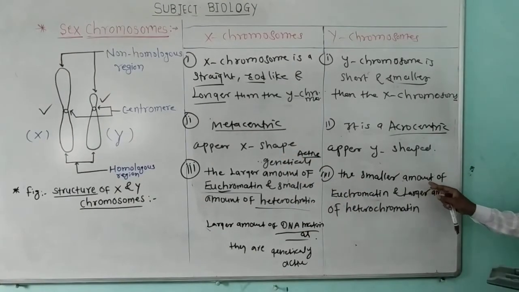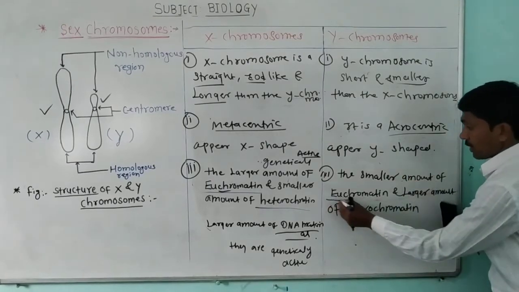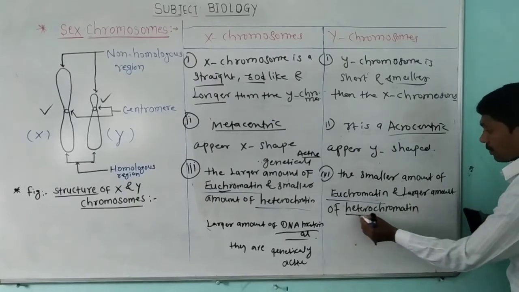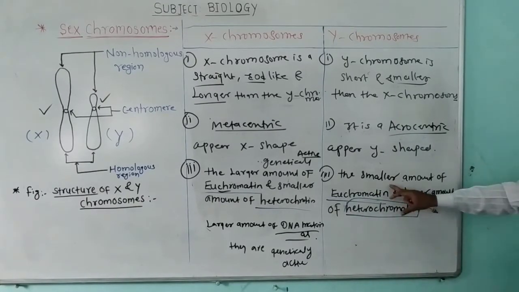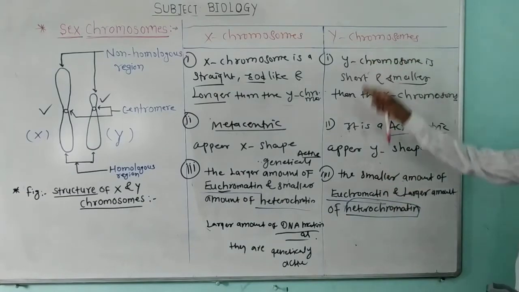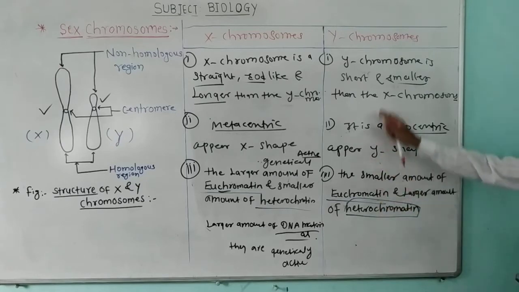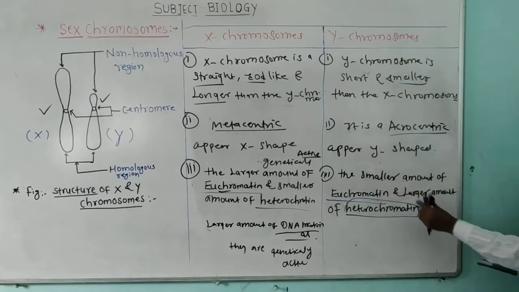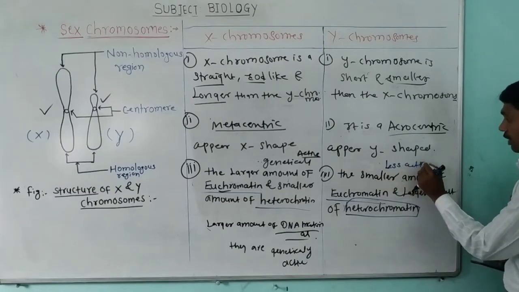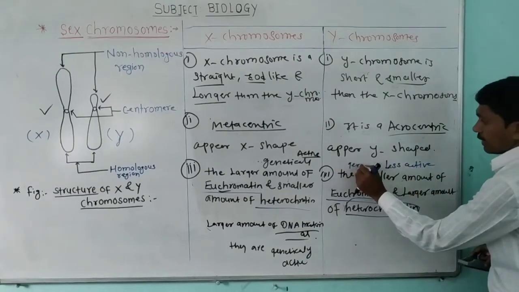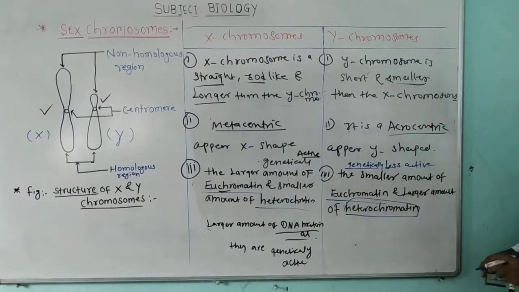In the sense, the Y chromosome has a smaller amount of euchromatin and a larger amount of heterochromatin. That's why there is a smaller amount of DNA material in the Y chromosome, and that's why it is genetically less active.